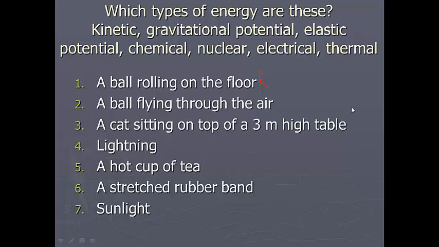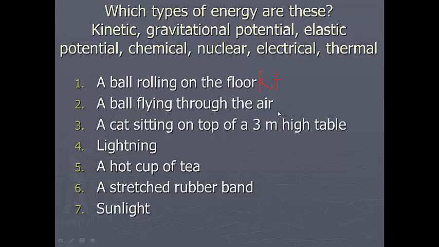It also has a temperature, so it's going to have thermal energy. Can you come up with any other types of energy this ball might have? If you can, you should write them in your notes.